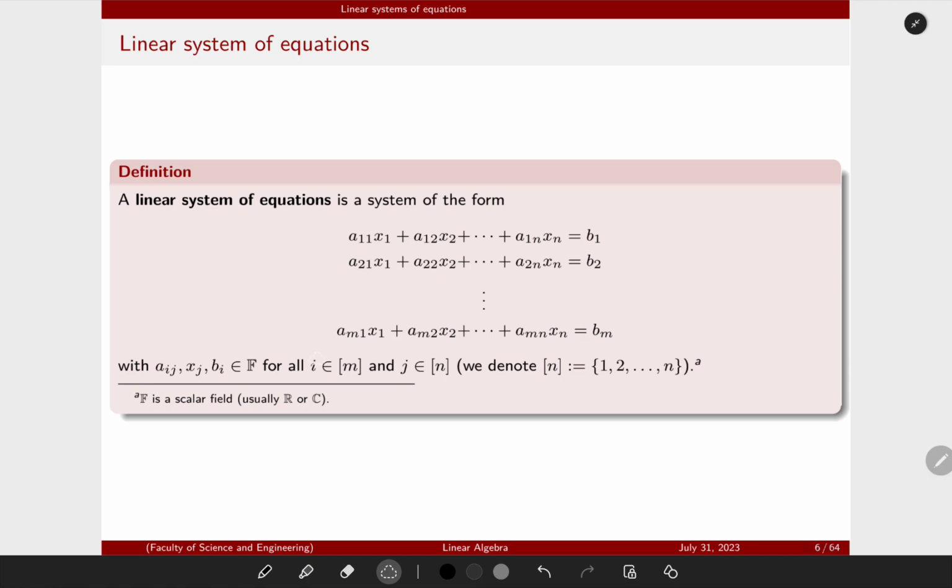And these indices, these i's and j's, they run through these sets with the brackets here, which are just numbers 1 up to m and 1 up to n.